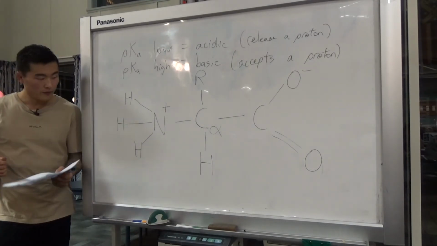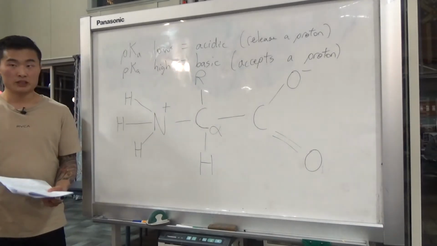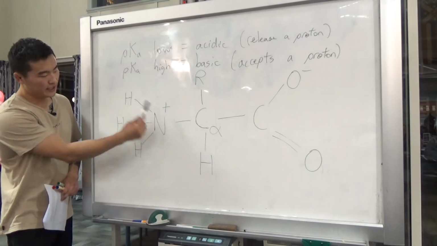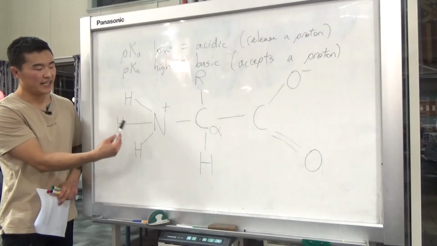Okay? So the pKa is specific for an ionizable group. So this group here, the amino group, is ionizable. So this will have a pKa.